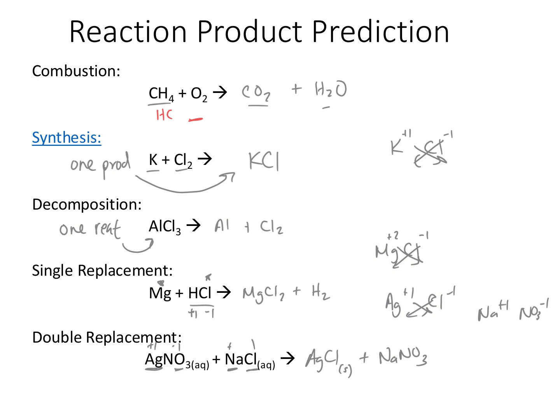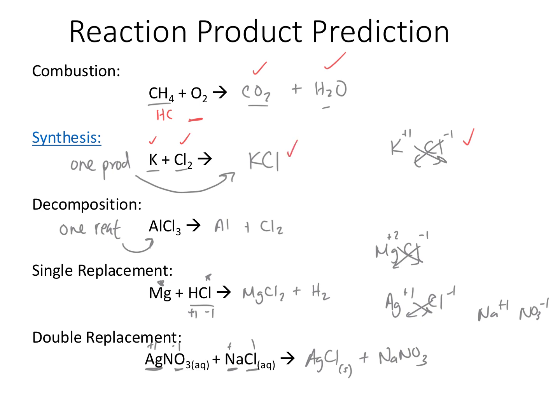Anytime a hydrocarbon is being combusted, CO2 and H2O will be your products as long as it goes to 100% completion. In synthesis processes, you're going to be taking simpler things and creating a singular, more complicated product. In this case, we've taken our two elemental forms of our reactants and combined them. We know that it's a metal and a non-metal, so we're going to use the cross-down method and their corresponding anticipated charges in order to identify the new product.